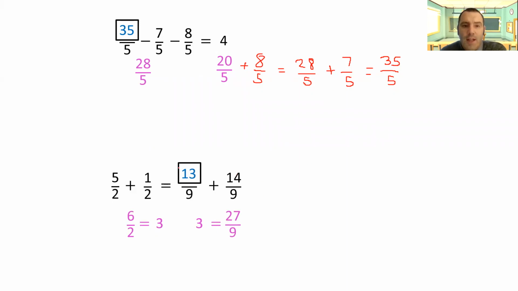So 27 ninths take away 14 ninths will leave me with 13 ninths. Remembering that we're only subtracting or adding the numerators, we are not adding or subtracting the denominators. They stay the same all the way through.